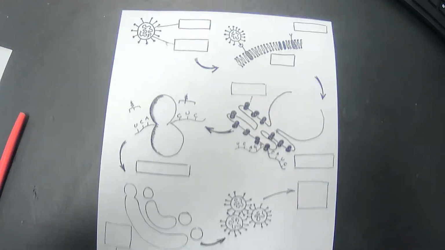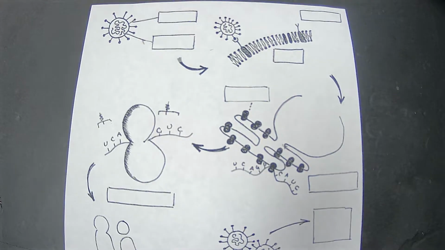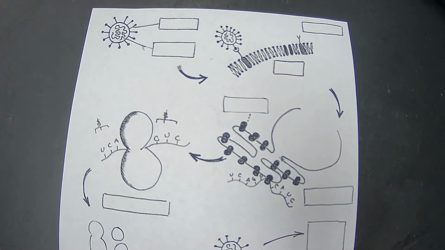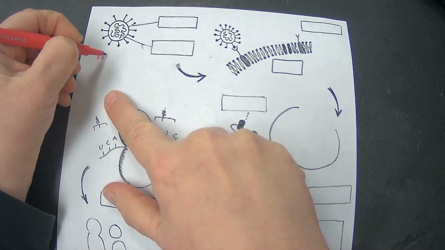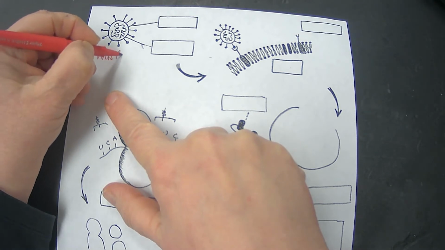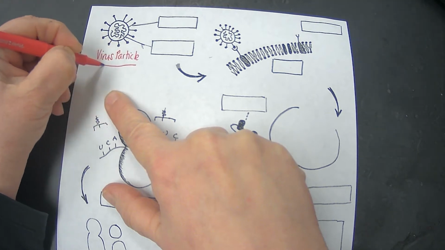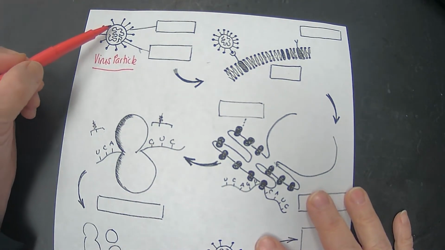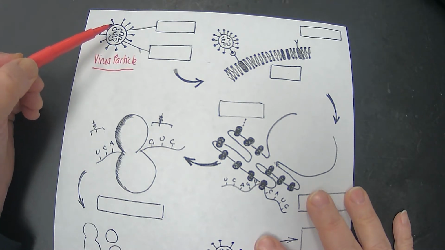So we start here, right? And I'm going to bring this down just a little bit like that. What we have right here is a virus particle. Let's go ahead and label this virus particle. And you can see this virus is made up of two parts. It's made up of its protein coat around the outside and its nucleic acid on the inside.